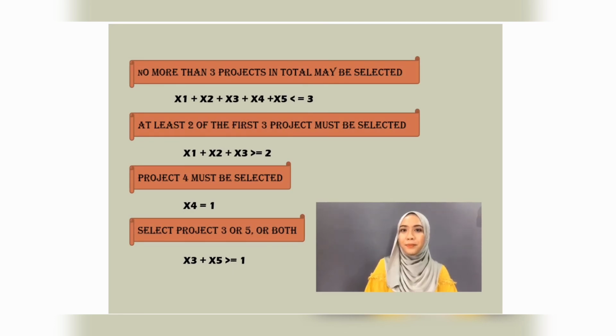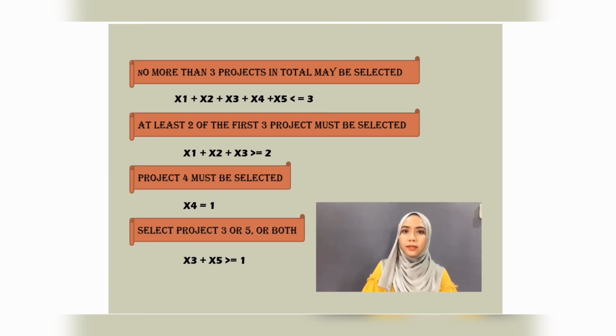Let's examine more. First, no more than 3 projects in total must be selected. So, x1 plus x2 plus x3 plus x4 plus x5 has to be less than or equal to 3. Second, at least 2 of 3 projects must be selected.